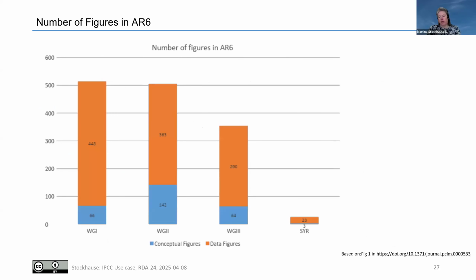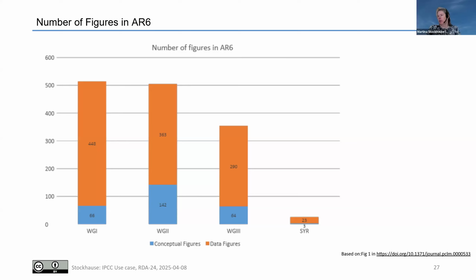I have 2 slides to just set the scene in the sense of scale and what we are talking about for the pilot implementation and going forward. We've looked into the different figures and classified them by data figures and conceptual figures. Conceptual figures are not based on data. You see the conceptual figures in blue and the data figures in orange.